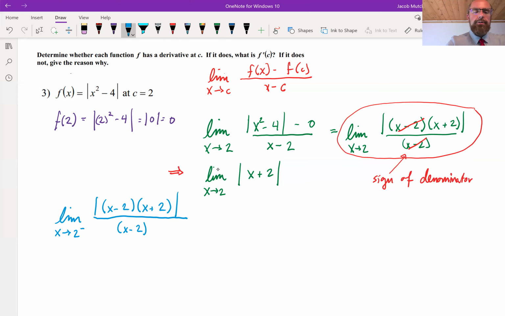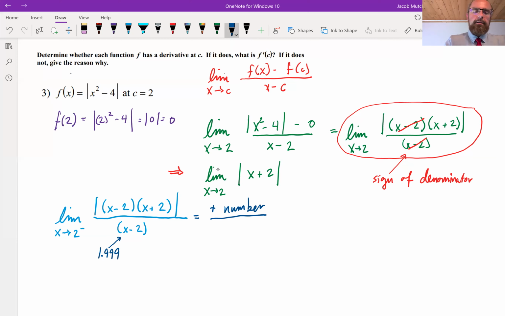But if I consider what's happening to this denominator if I were to plug in a number to the left of 2, so a number that's slightly smaller than 2. So let's just say that's 1.999. So what I'll see when I plug this in is I know that this numerator is going to be a positive number, some magnitude, I'm not quite sure.